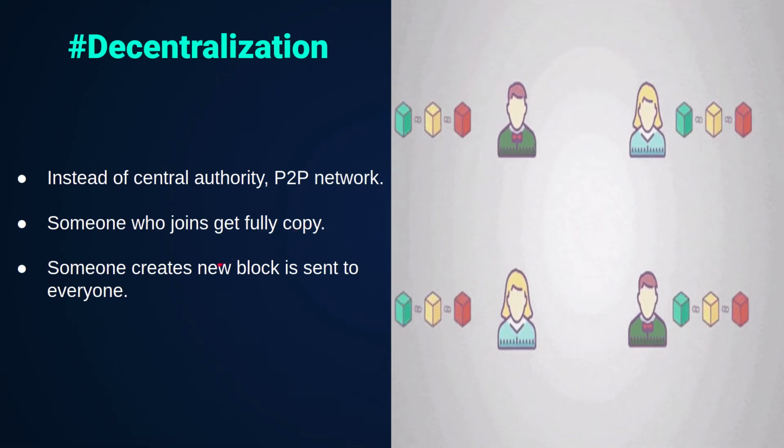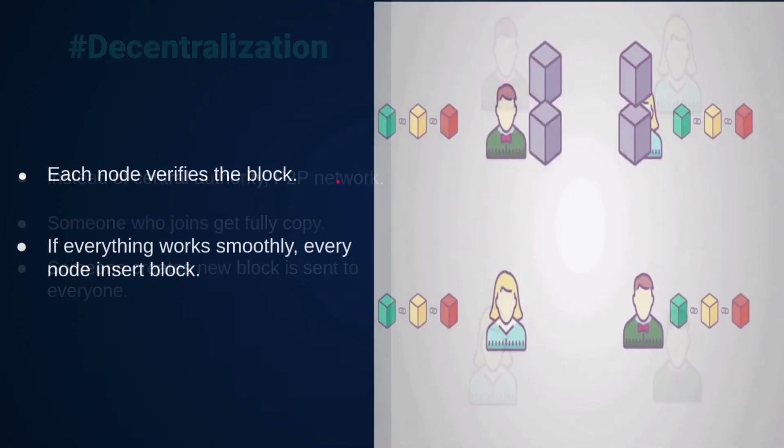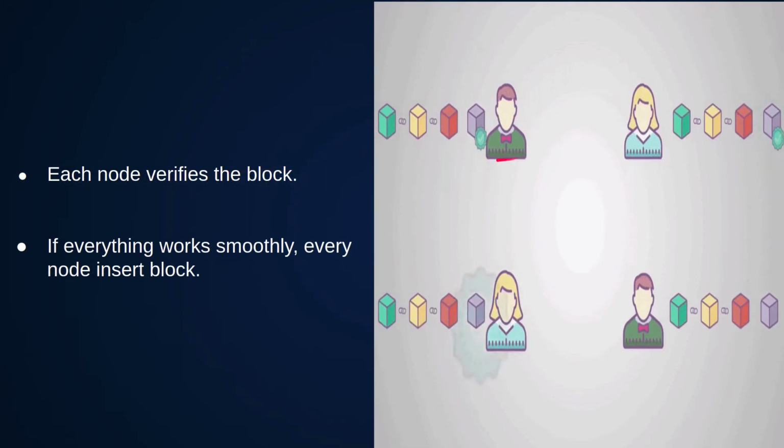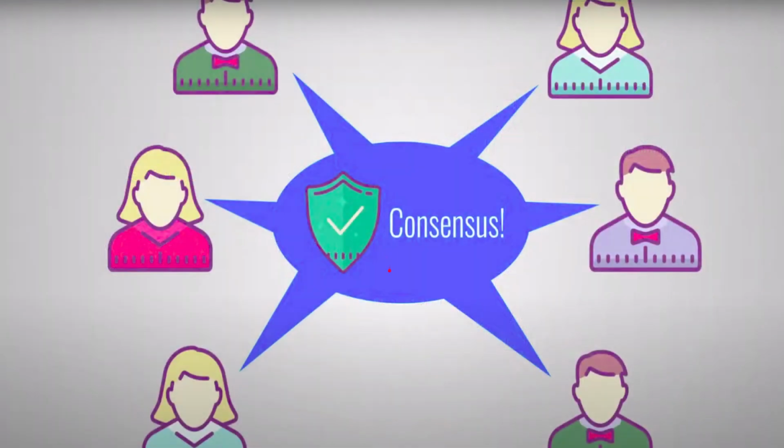Now consider that someone creates a new block. That new block is sent to everyone in the network. Each node verifies that block and checks that there is no tampering in the block. Now if everything works smoothly, then every node inserts that block into their blockchain, and basically a consensus is passed.